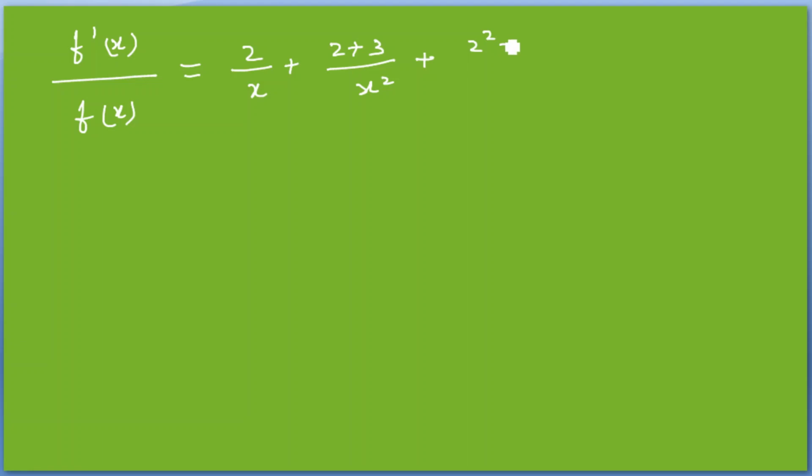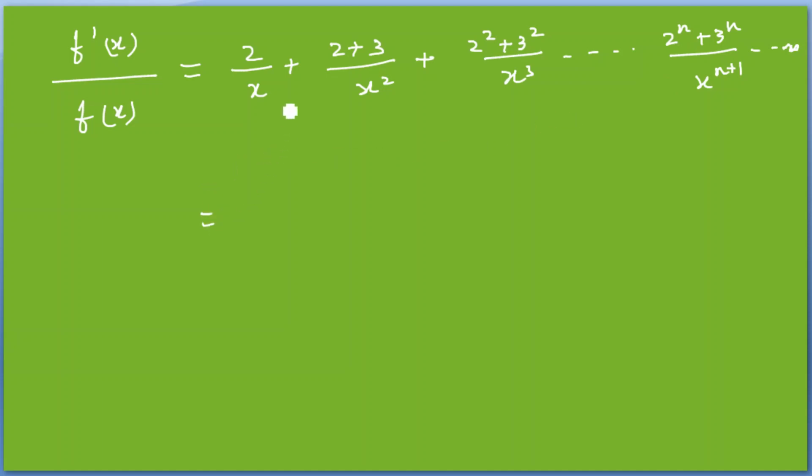So our f'(x) upon f(x) is equal to 2 upon x plus (2 plus 3) upon x² plus (2² plus 3²) upon x³, and in between there will be (2ⁿ plus 3ⁿ) upon x^(n+1), and it will go to infinity.